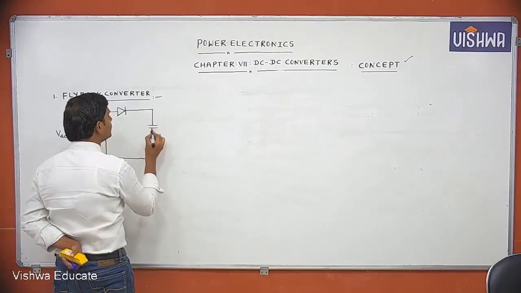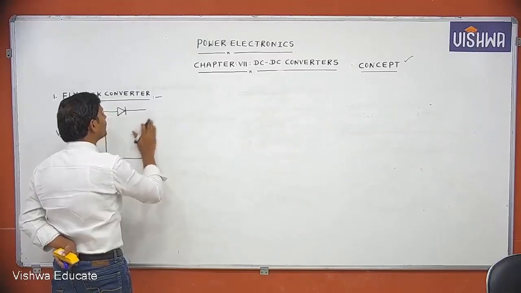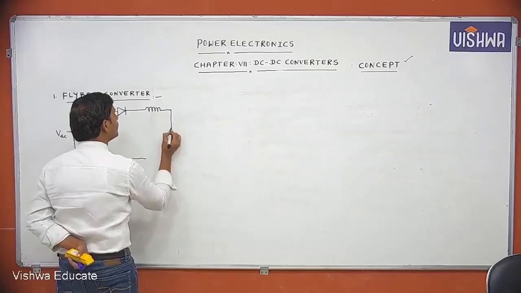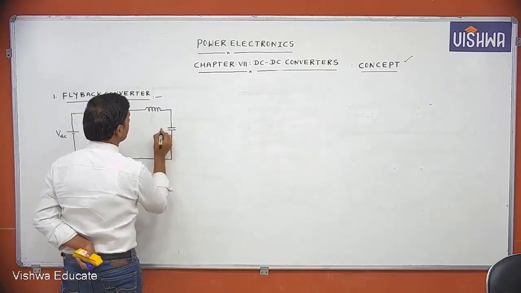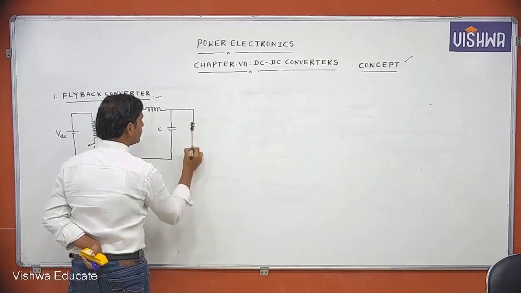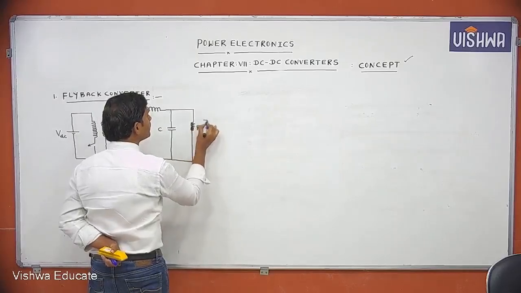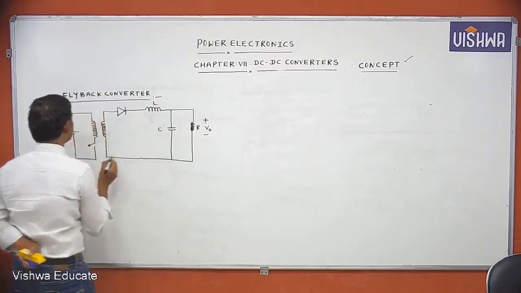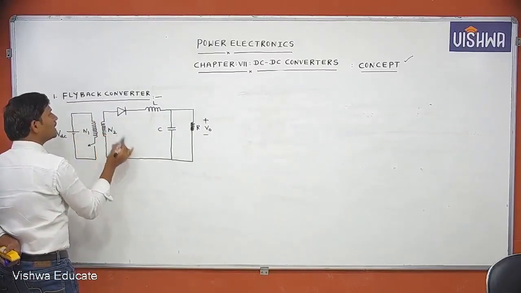Capacitor. Inductor. Capacitor. This converter is nothing but a flyback converter. Resistance, positive, negative, V0. The number of turns in the primary is N1, the number of turns in the secondary is N2.